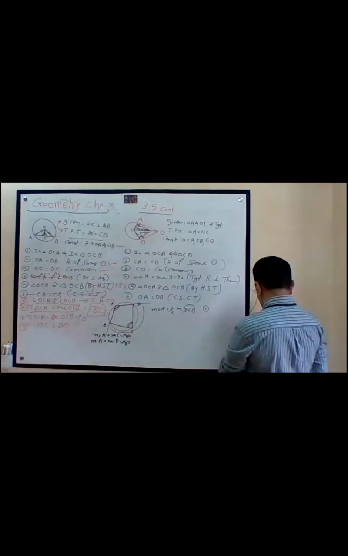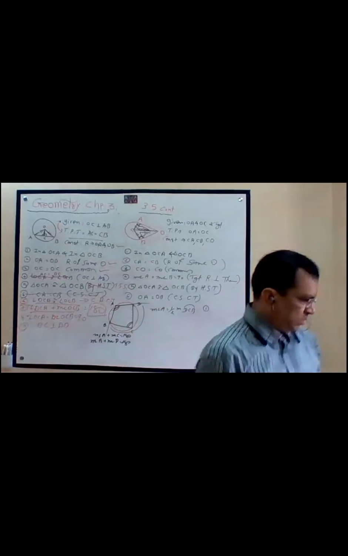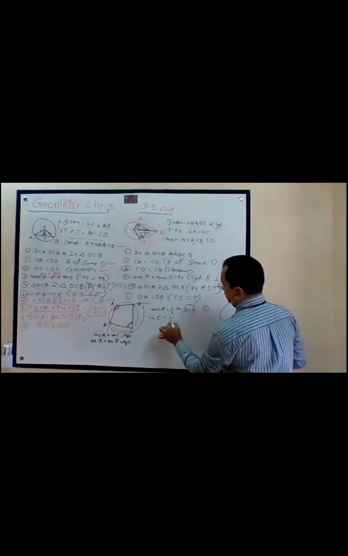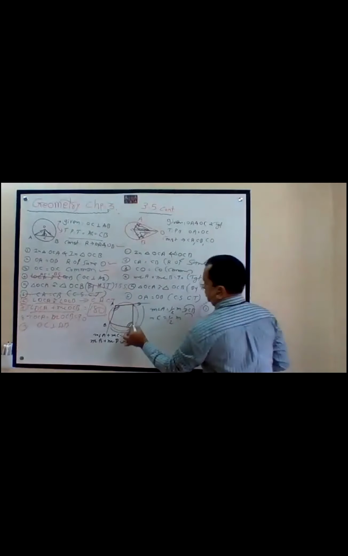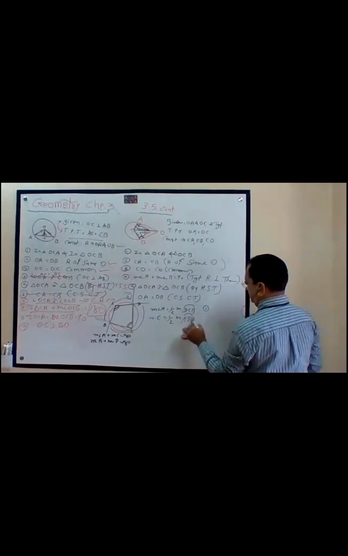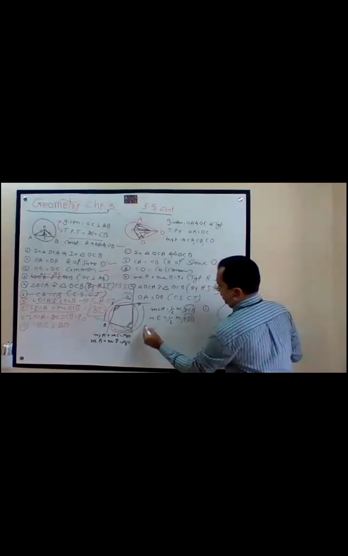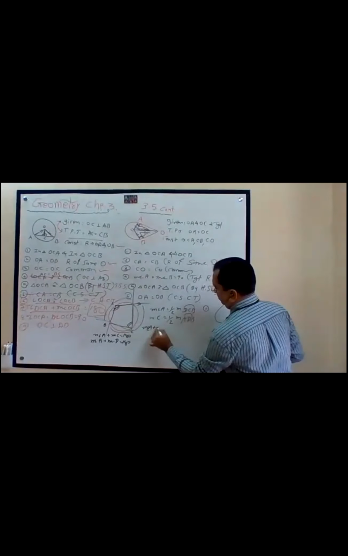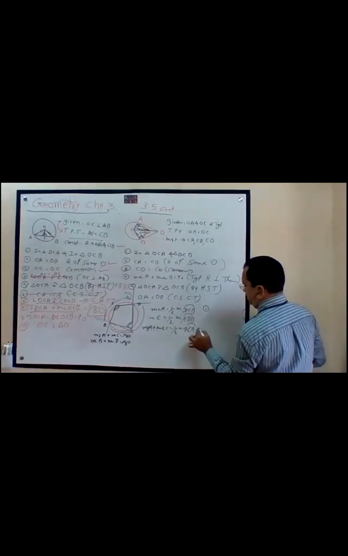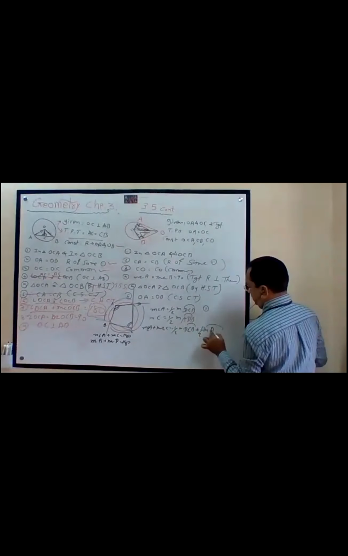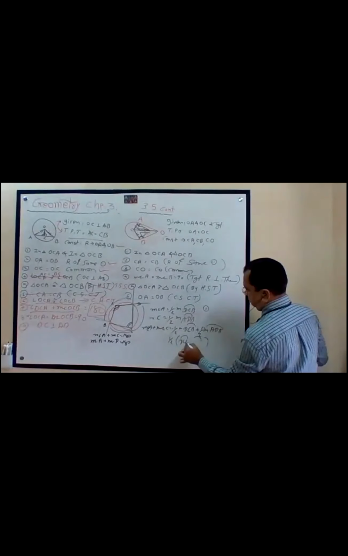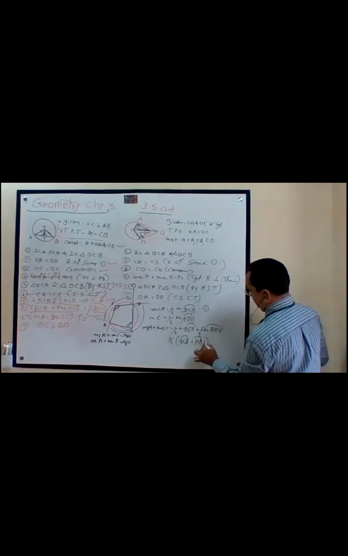Measure of angle C is half the measure of arc ADB. Then measure angle A plus measure angle C is equal to half of major arc DCB plus half of major arc ADB. Take half common: arc DCB plus arc ADB.